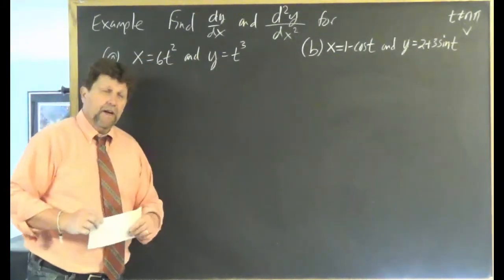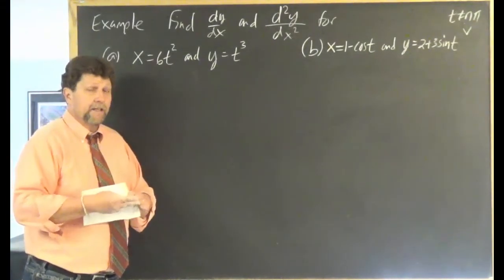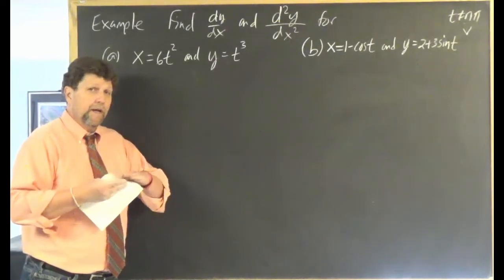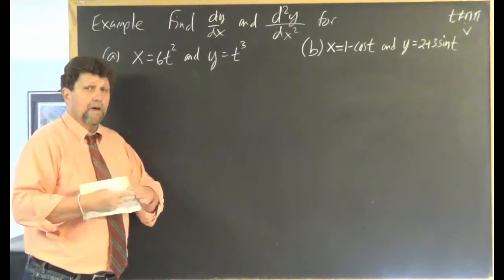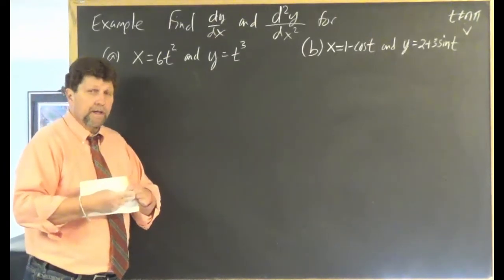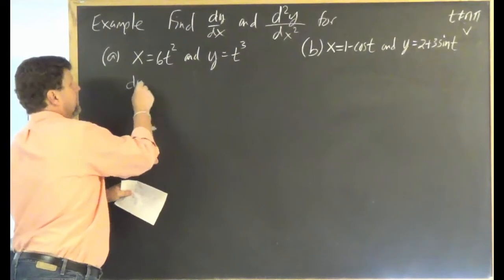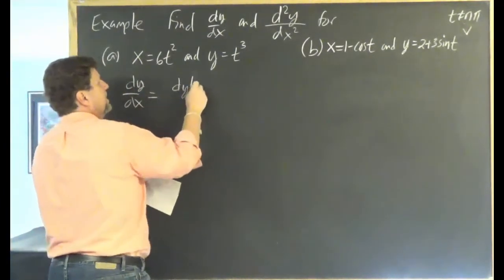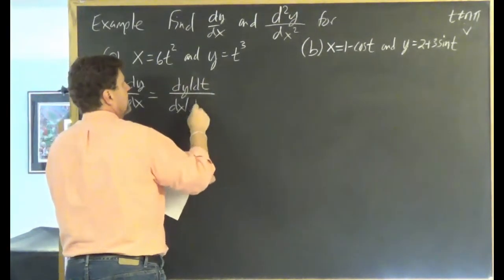So let's get started. First, here's what you really need to know. This is going to be important in a couple of sections when we start to talk about calculus and polar coordinates. And that is that the derivative dy dx is dy dt over dx dt.